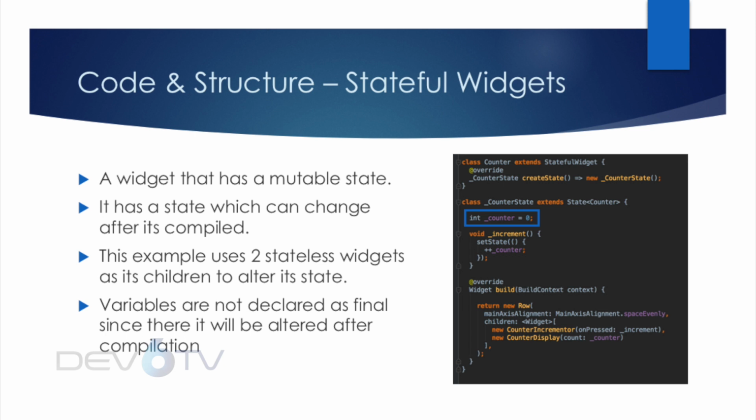But as you can see on pressed here for the counter increment, the method, the function, gets passed in. So whenever the counter incrementer gets pressed, it'll call that function, and only in here is where it'll get updated. So the counter incrementer doesn't necessarily know what state this is in. It just has its own visual state, and nothing really changes.